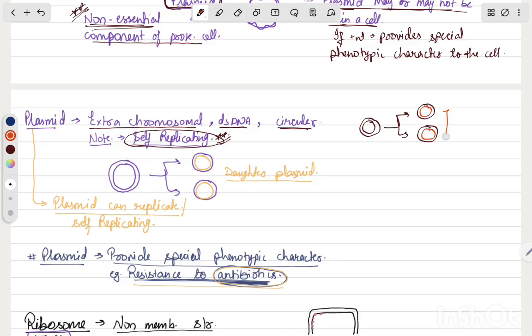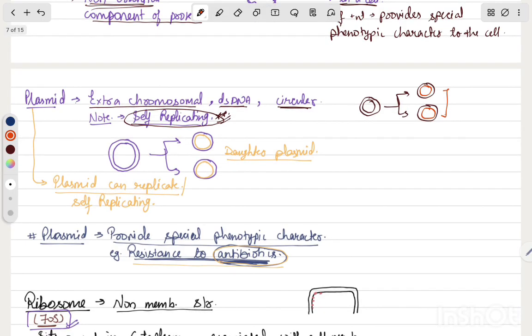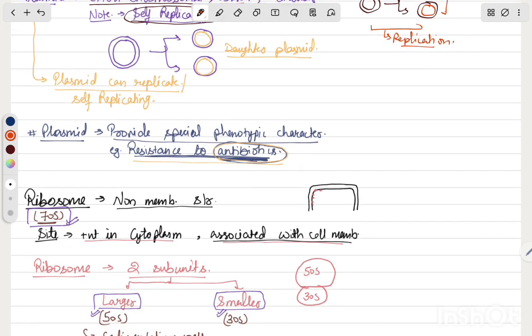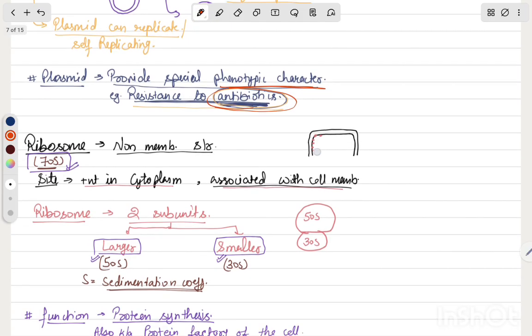So these are two daughter plasmids. This property of forming the replica is replication. So we can say plasmid is self-replicating, extra chromosomal, double-stranded and circular. And this plasmid provides special phenotypic character to the bacterial cell. Example of special phenotypic character is antibiotic resistance.